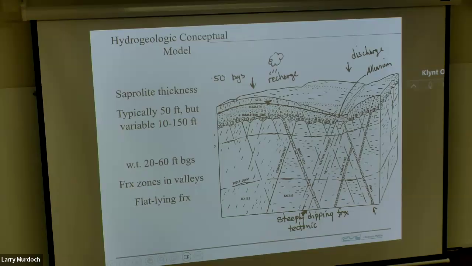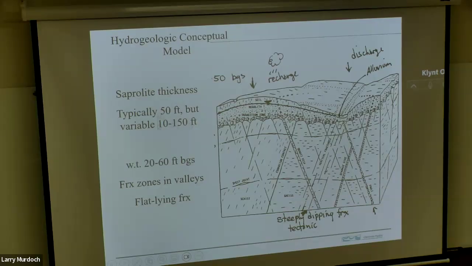And here's soil, and then this is the water table. What's shown here is the water table is in the saprolite, and it comes down and is going to be continuous with the stream here.